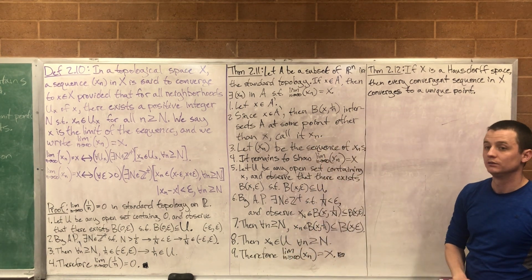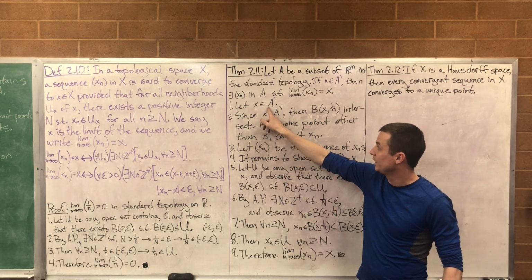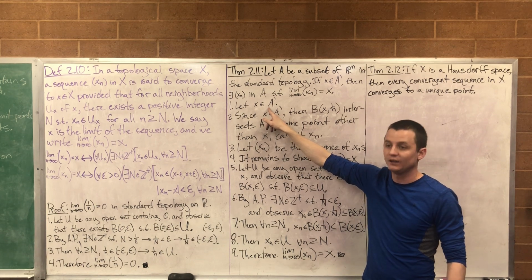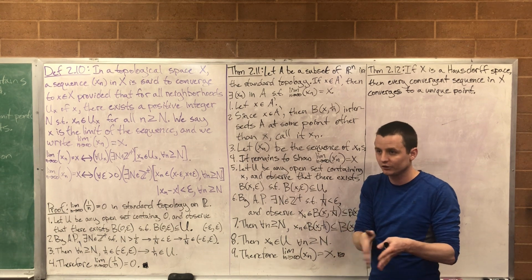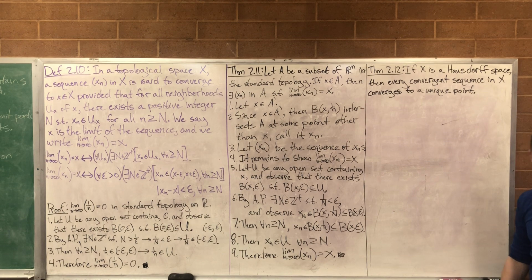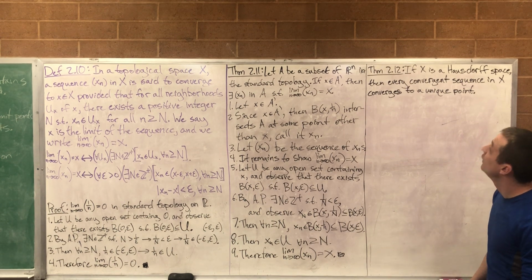Another way to think about it is this is now the set of all points for which we can find a sequence in A that converges. Take a sequence in A that converges, the point it converges to is now a limit point of A. That's another way to say it.